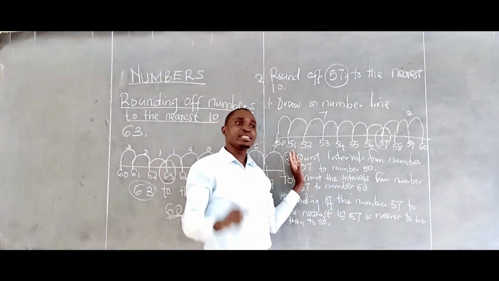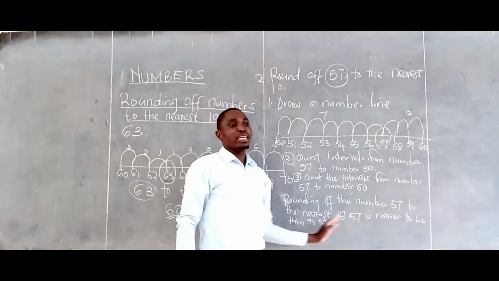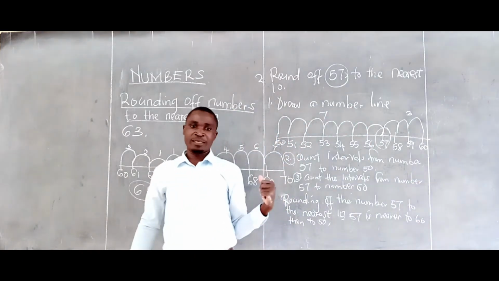So our answer is 57 rounded off to the nearest tens. It changes to 60 because it is nearer to 60 than to 50.